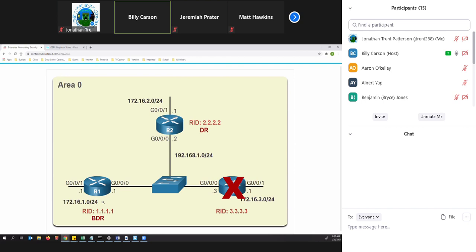And by default, that's 4 times the hello interval. So the hello is 10 seconds by default, 4 times which is 40 seconds, the dead timer. If I don't receive some notification from you within 40 seconds, you're offline. So this guy goes offline, and that backup is now elevated to the DR. Then an election goes on, and the next highest priority, the next highest router ID, whichever that is, now goes to the BDR. Does that make sense? Y'all see how that works?